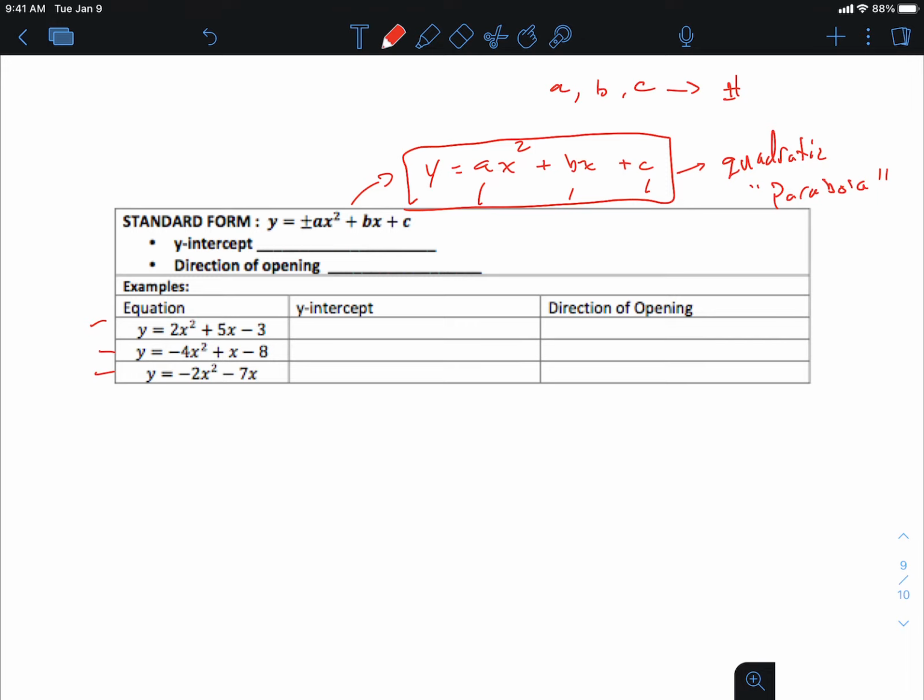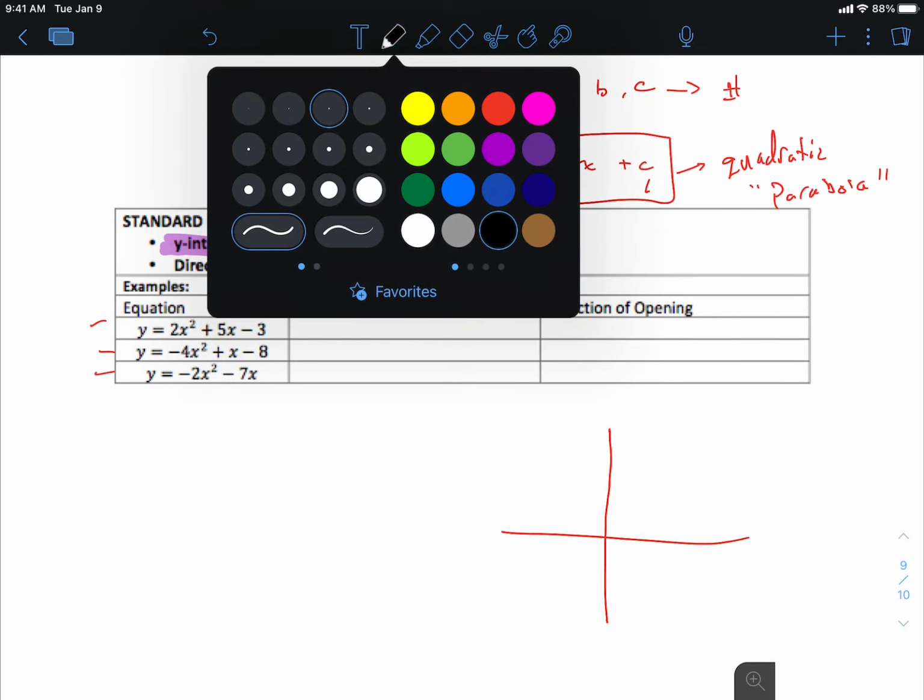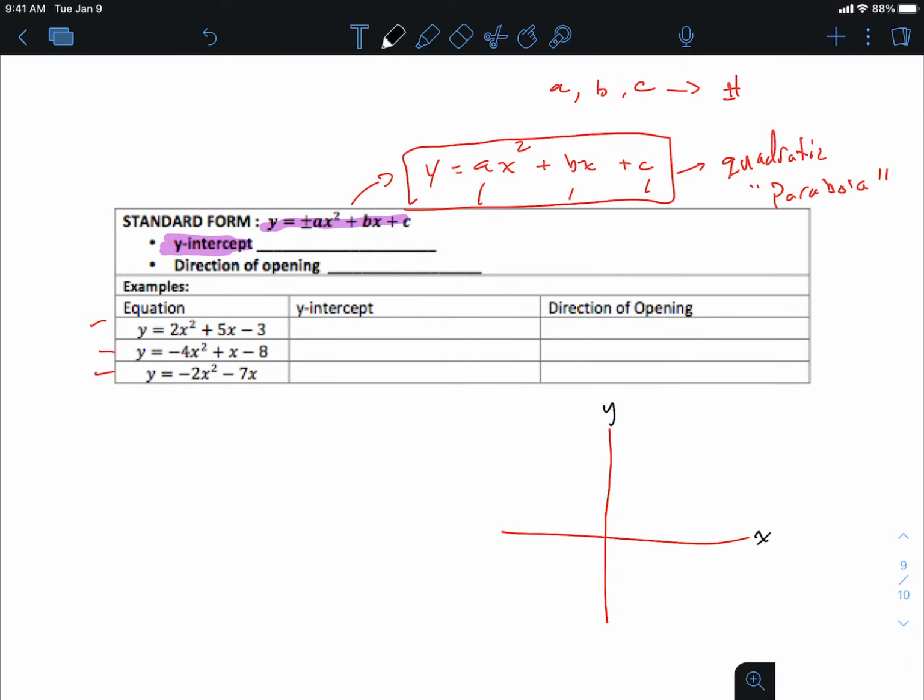We also saw the other day, and I'm going to show you how to find the Y-intercept from this. Whatever the equation is, if it's written in this form, you can always know the Y-intercept. Remember, the Y-intercept is where the graph crosses the y-axis.